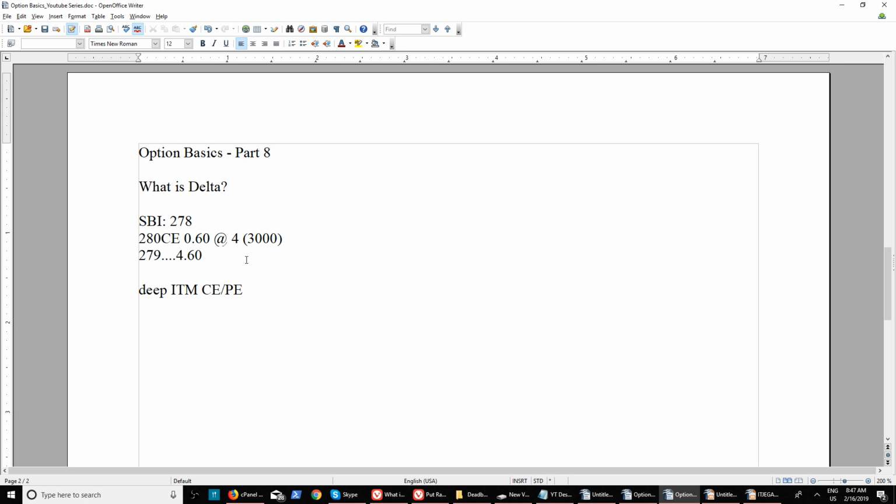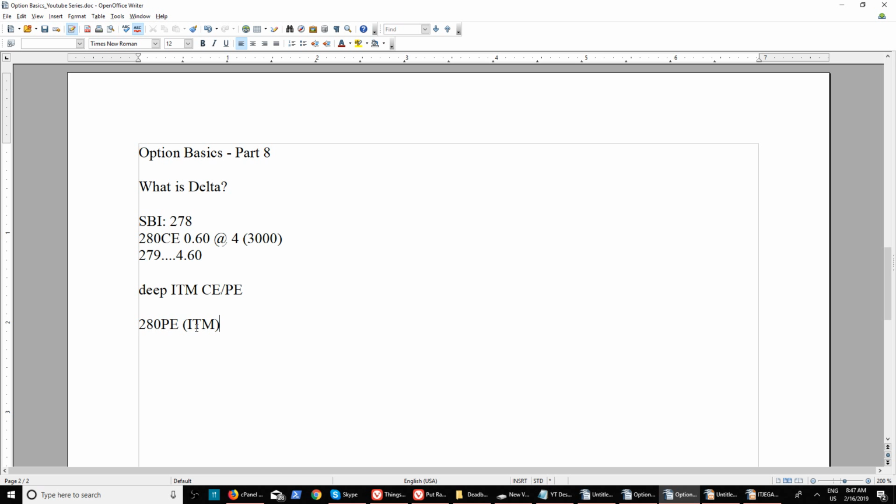So again, the same goes with the put option, the 280 put. Now, in this case, if the SBI price is around 278 or 279, this would be an in the money option. So if some clarity was required on at the money and in the money, then this would be the time where you can actually understand this better.